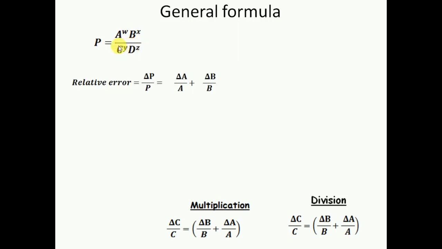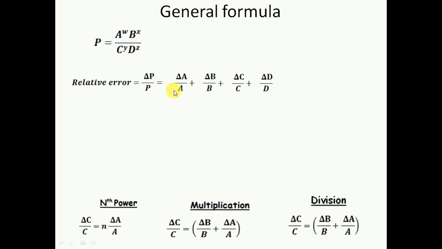Next we have division by C and D. So we know in division also we add the fractional error. So we need to add the fractional error of C and D. So multiplication and division is done. Now I am left with power. So in nth power we have to multiply the fractional error by the power.